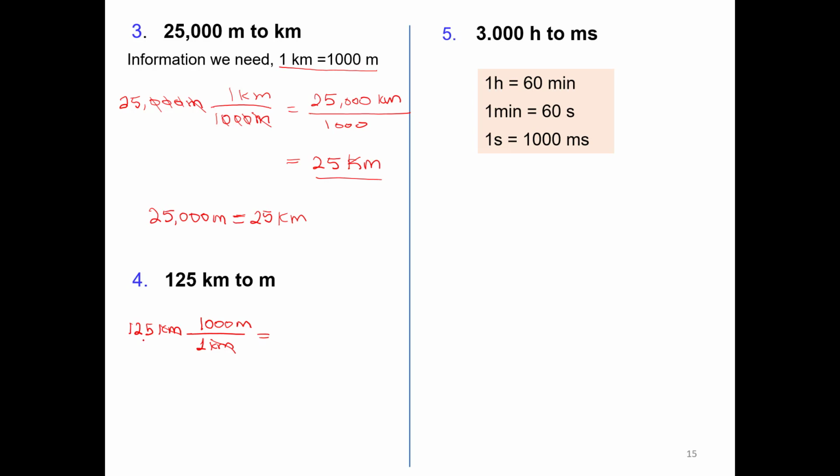And now we just multiply. It's 125 multiplied by 1,000, and the unit is meters. Now we can write the answer: 125,000 meters.